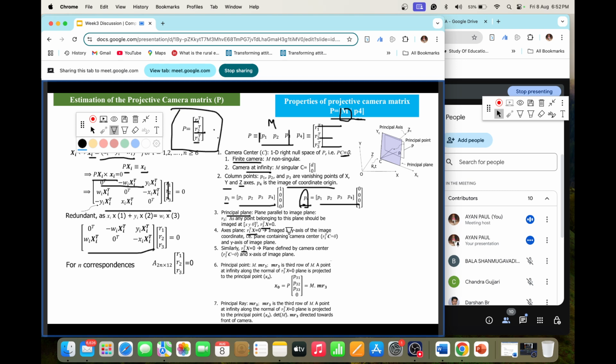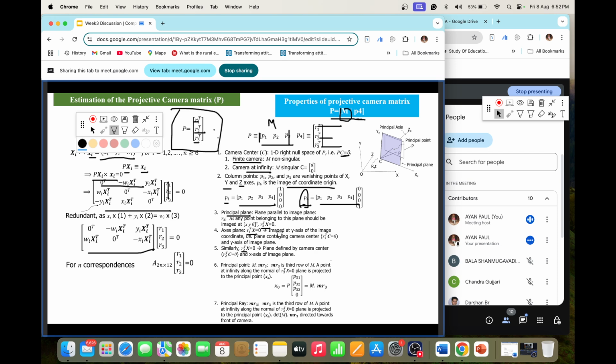Whenever we multiply X by the first row, we get the plane with the y axis of the image coordinate. And whenever we multiply it by r2, the second row, we get the x axis of the image plane.